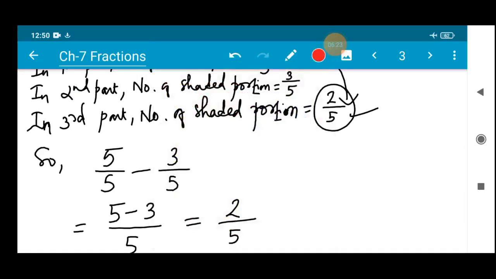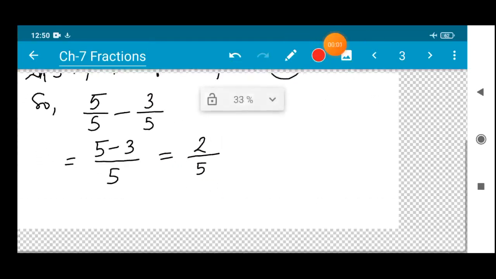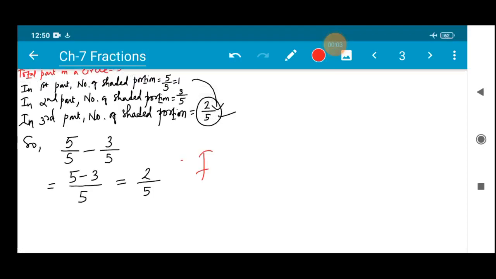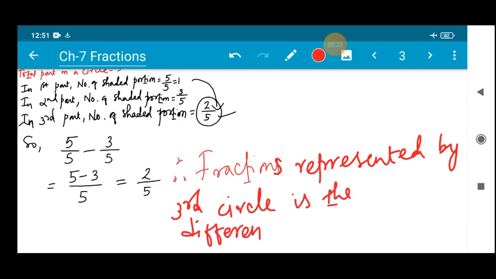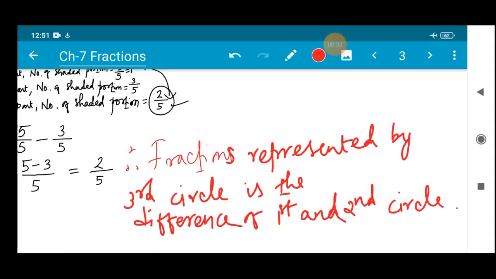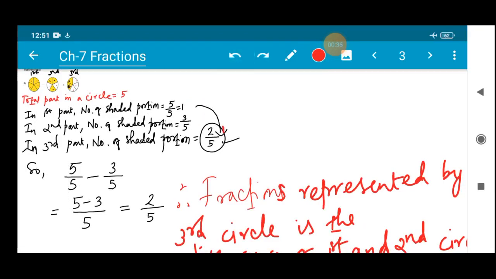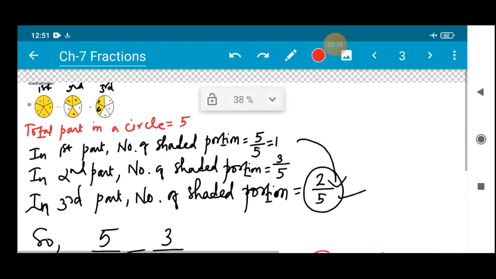So hence it is clearly seen that the fraction represented by the third circle is the difference of the first and second circle, isn't it? If we subtract the second circle from the first, we get the third circle, right?